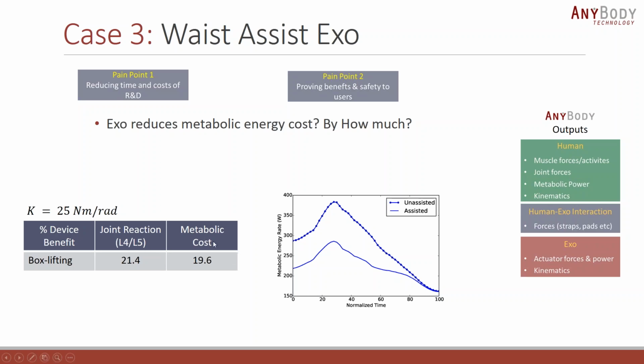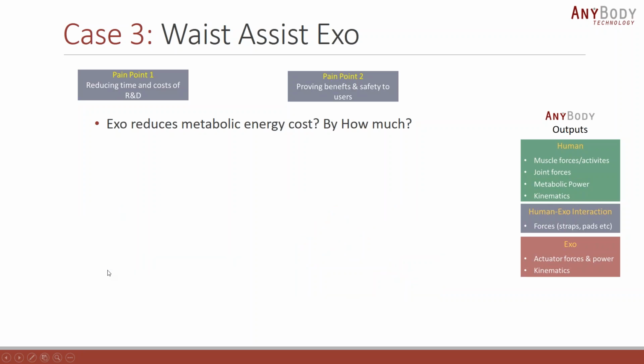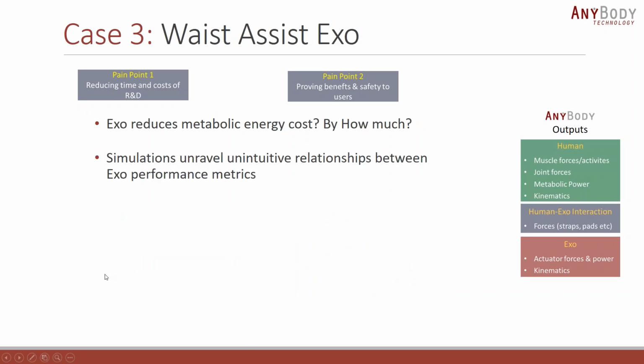Metabolic energy cost in this case has been reduced by 20% for the box lifting task as compared to a case without an exoskeleton. Similarly, the joint reaction force between the L4, L5 segments in the spine was also reduced by 20%. So again, simulations can unravel unintuitive relationships between performance metrics.